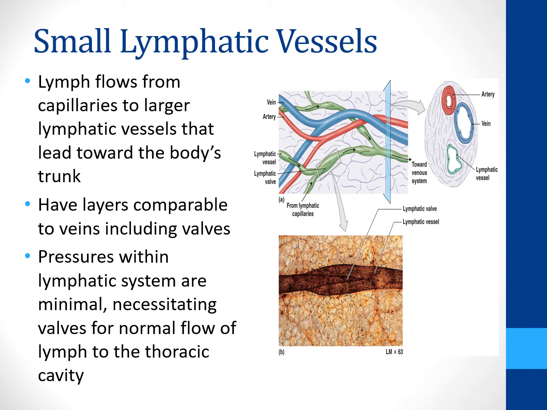The valves are pretty close together in lymphatic vessels, so they kind of make a beads-on-a-chain appearance in these lymphatic vessels. So if you can see up here, this would be one bead, two beads, three beads. So they get this kind of beaded appearance because they've got valves that are very close together.